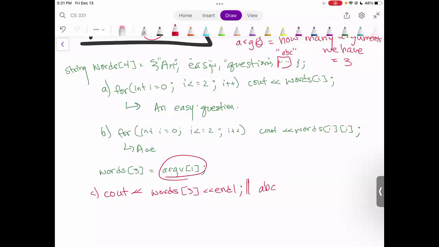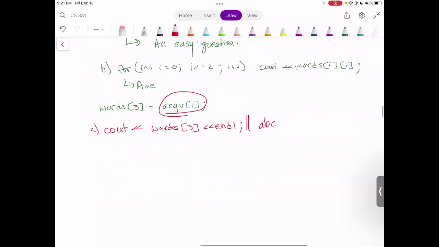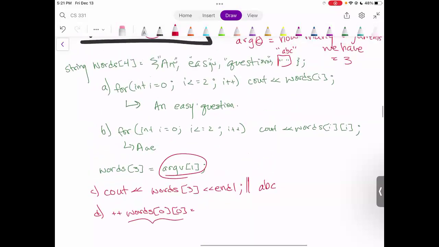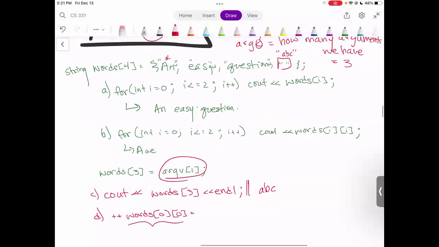Exactly. And then if he says plus plus words 0, 0, first we figure out what words 0, 0 is, and that's A.